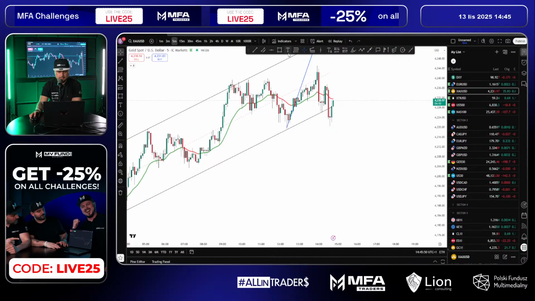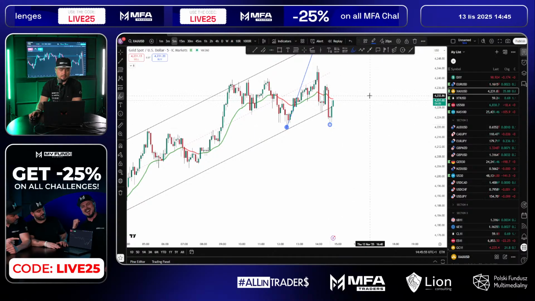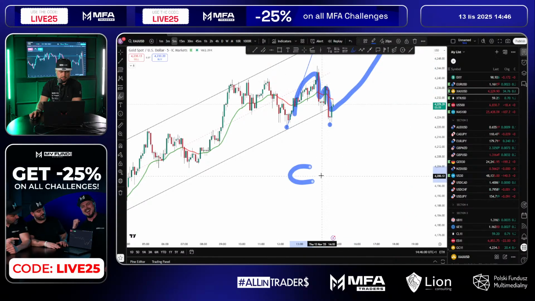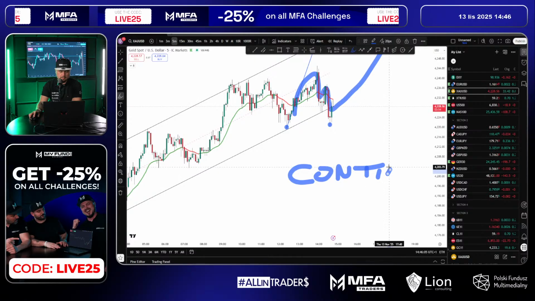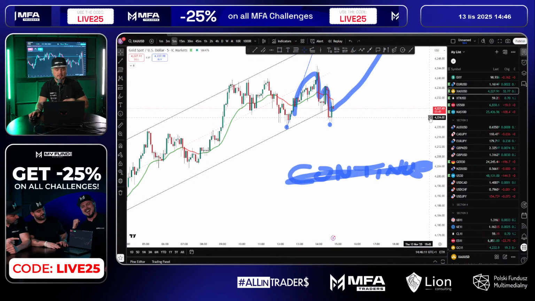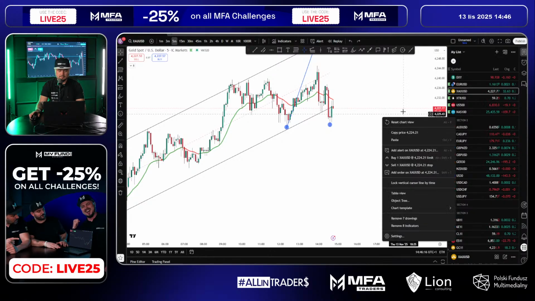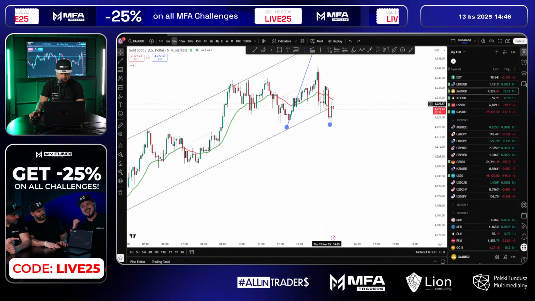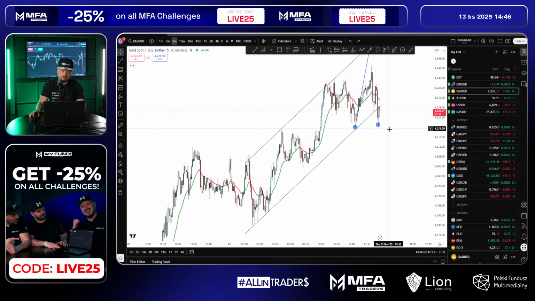And now we got double bottom over here, and maybe we're gonna be able to go up for continuation. We'll see. Are we in bullish or bearish? Let's say bearish. Not sure. Let's leave it.